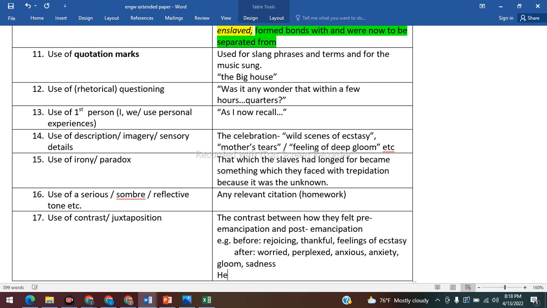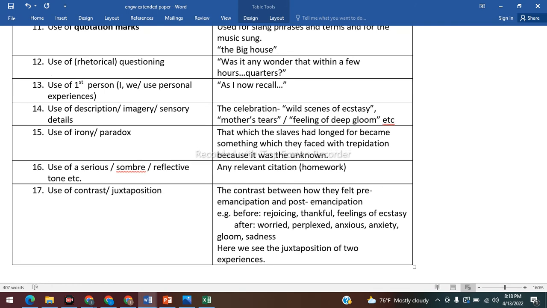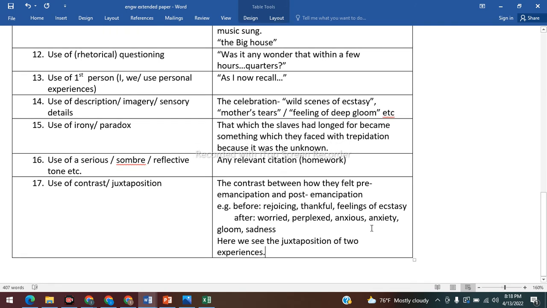So here we see the juxtaposition of two experiences. One of great rejoicing, feeling of ecstasy, singing, and then wariness, perplexed, anxious, anxiety, gloom, and sadness.